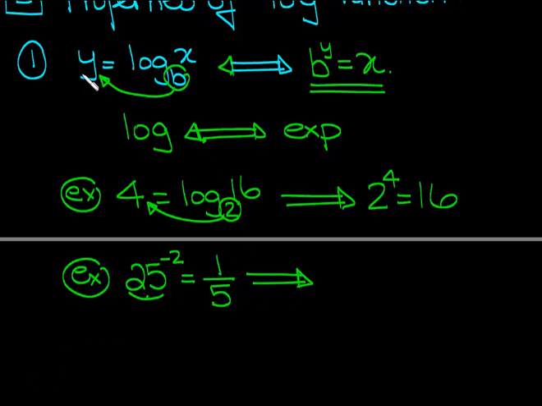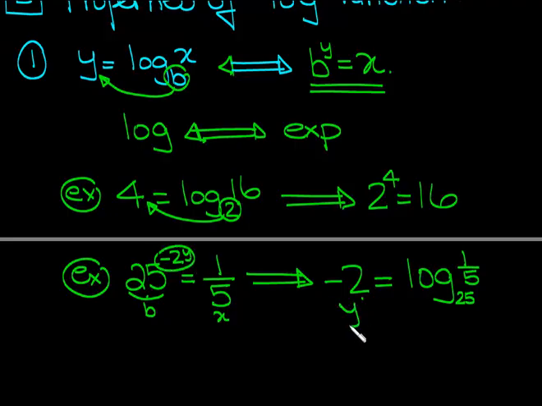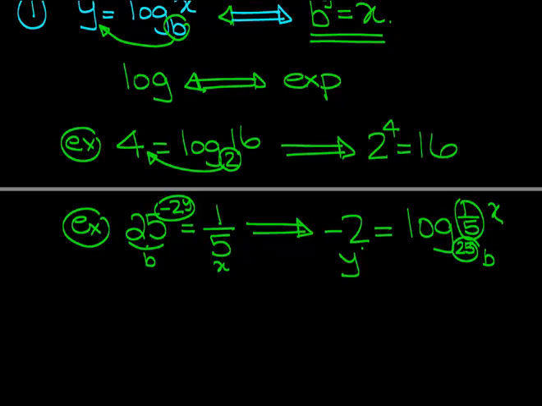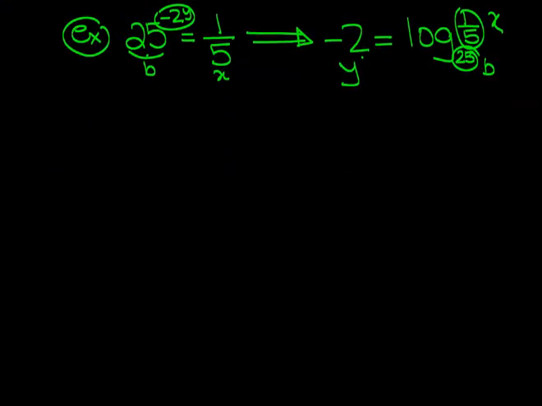Whatever the exponent becomes is your y, so we get -2 is equal to, then you introduce log, so we get log of x, x is 1/5, base b, b is 25. Okay, so in this case, this is my base, this is my y, this is my x, so we're writing y, so my -2 is equal to log of x base b. So you should be really fluid going in these forms, okay, going back and forth. So that's the first property of logs.